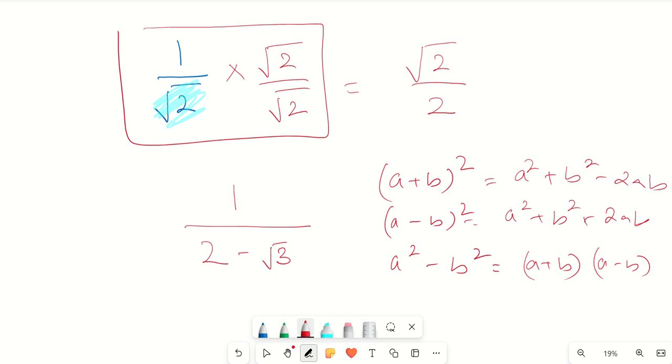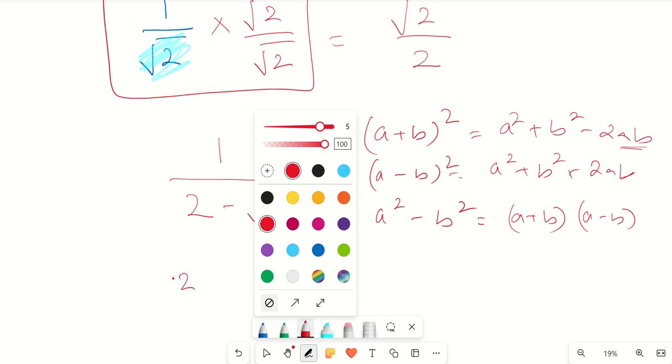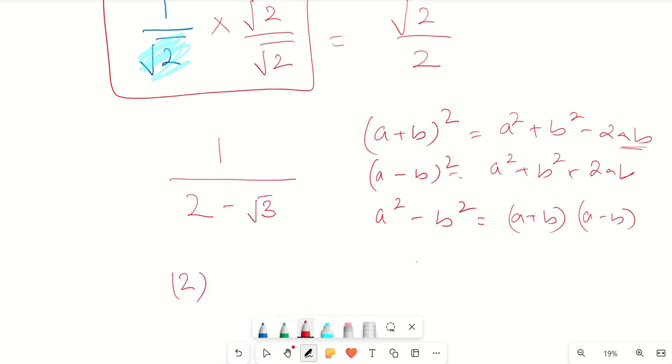Now if I square a plus b, I have a and b over here. So if I do the square of it, what will I get? I will get 2 square plus root 3 square minus 2 into 2 into root 3.